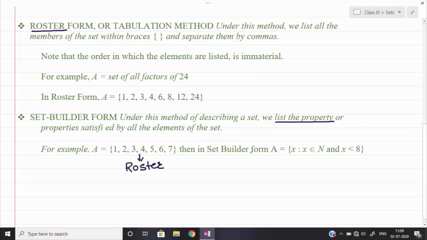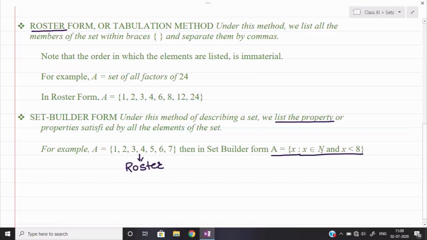Now observe this one: A = {x : x is a natural number, x < 8}. This colon sign we read as "such that". x such that means the element x is the representative of all the elements of set A. And how x is defined is written after the colon symbol.